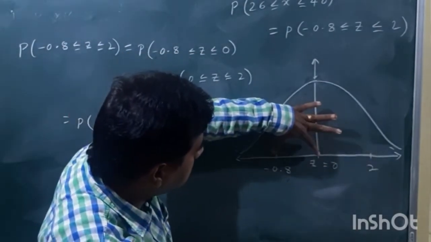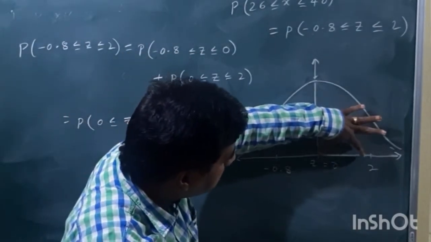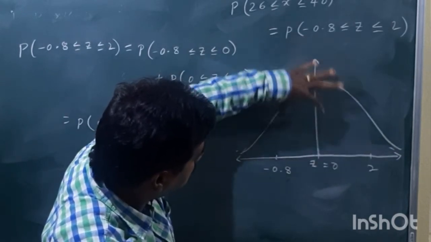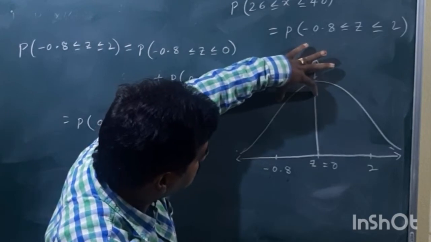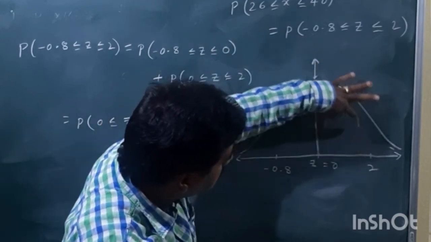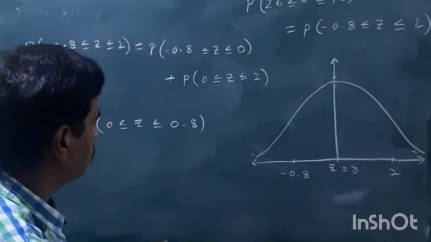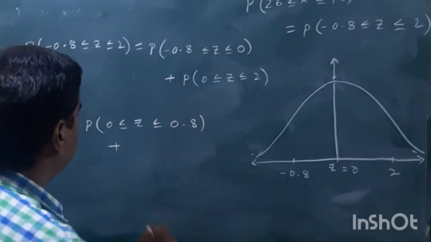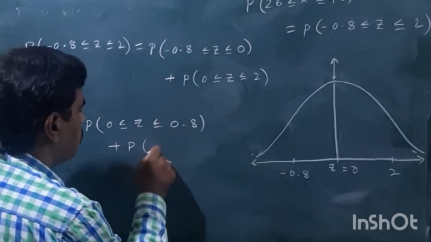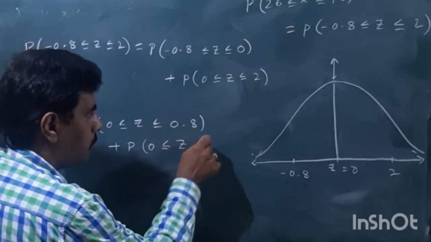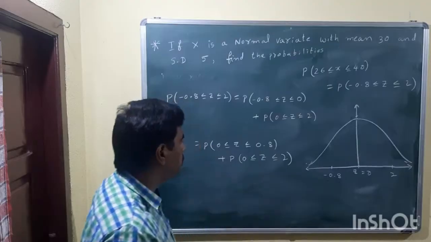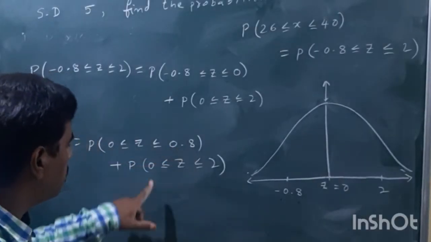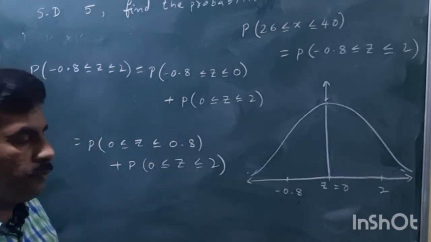Therefore this distance is equal to this distance, and the area under this curve is equivalent to the area under this curve, plus the probability when 0 is less than or equal to z is less than or equal to 2. Now it is from 0 to 0.8, and from 0 to 2.